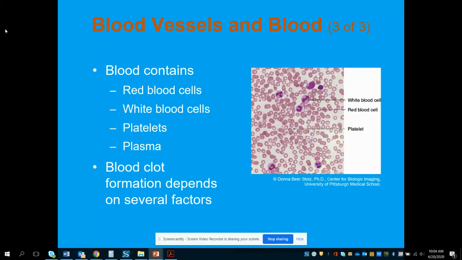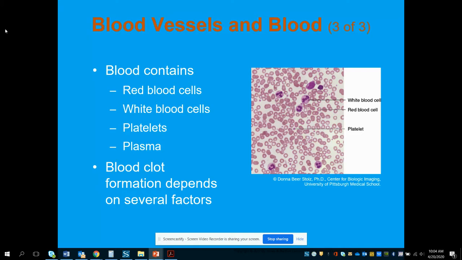So the blood itself contains our red blood cells, and we know that the red blood cells and the hemoglobin are what's doing the job of carrying the oxygen and some of our nutrients. We have our white blood cells, which prevent infection, platelets to aid with clotting, and plasma, which is the liquid portion of the blood.